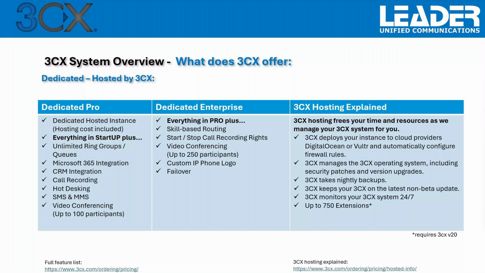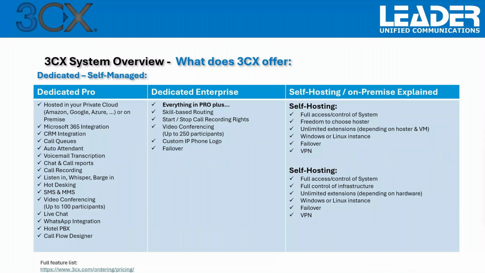Now, if you decide to go for your self-managed setup, you can have that, as I said, hosted in your private cloud, Amazon, Google, Azure, and so on, or you can have it on premise. On premise means you have the server standing in your customer's own environment. That's generally not a big machine.